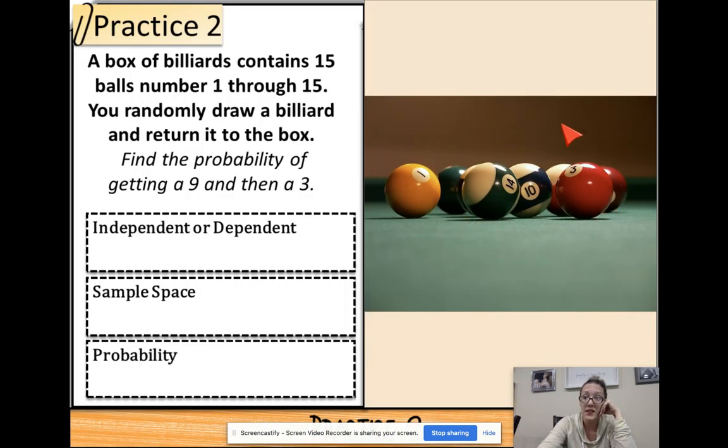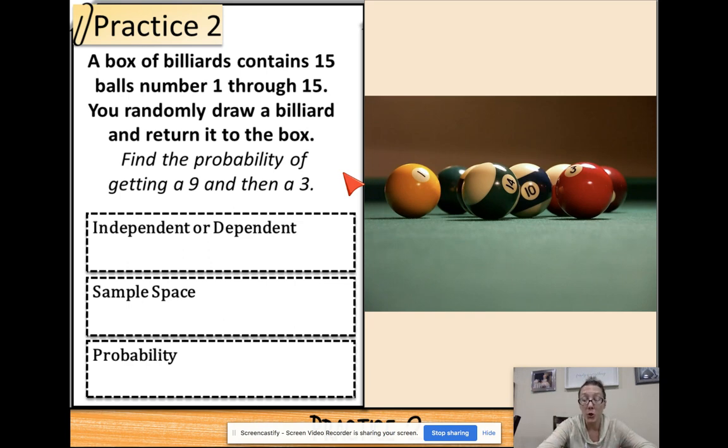So let's look at an example using a box of billiards, right? That just means pool balls. So you've got 15 balls, numbered 1 through 15. You've got them in a box. You're going to randomly pull one out, look at it, and then put it back. Notice you're putting it back. That's really important. Then you're going to pull another one.